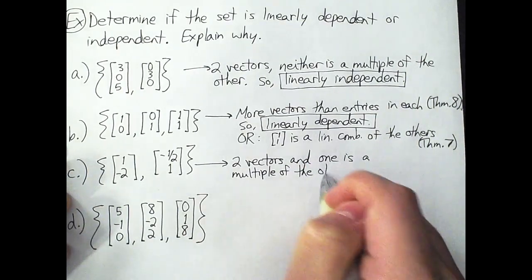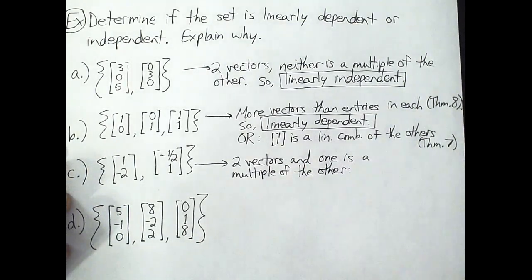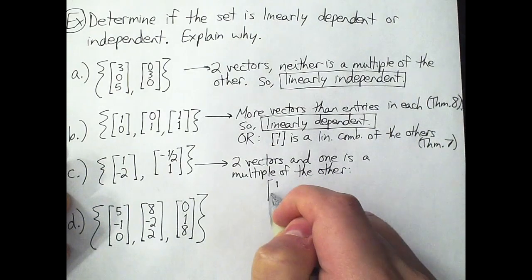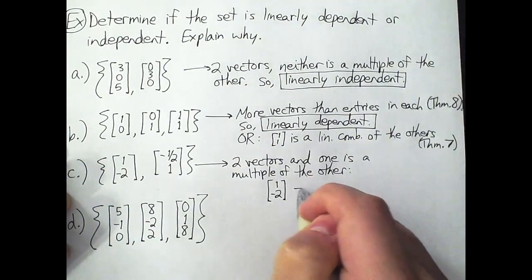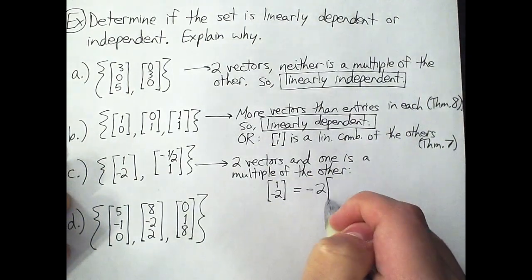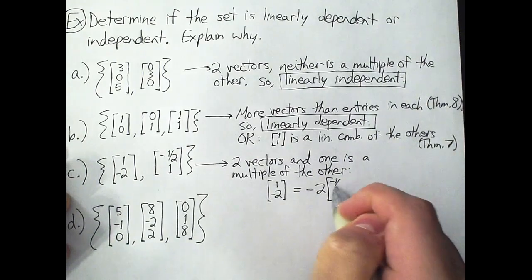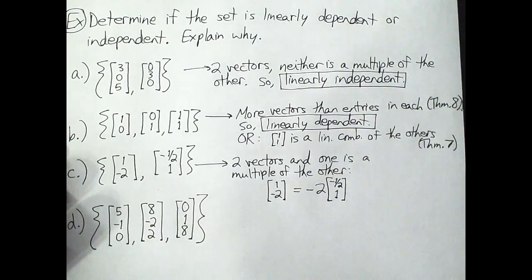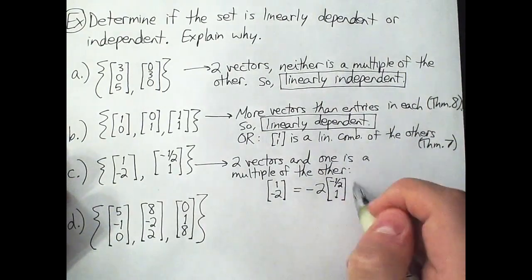Since it might not be immediately clear, I'm going to demonstrate the multiple. I'm going to say that 1, -2 is equal to -2 times the other vector. Maybe you see that immediately, but maybe you don't. So let's just say it.